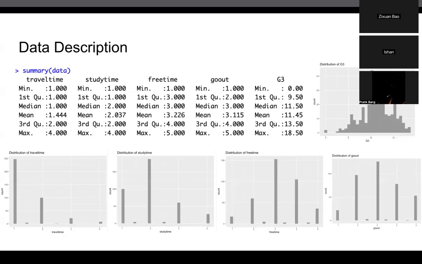They have five levels for each variable: one, two, three, four, five, or just one, two, three, four. Level one means they barely spend time on it, and level four or five means they spend a lot of time on it. And the distribution of the grade is generally like a normal distribution.